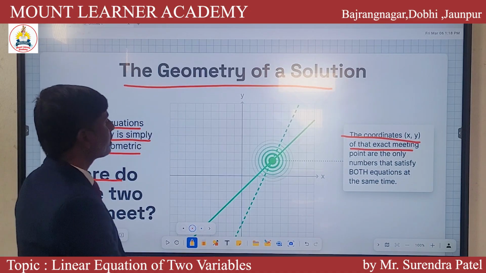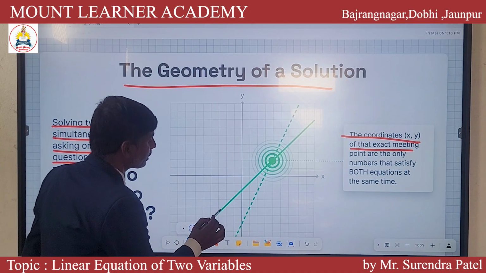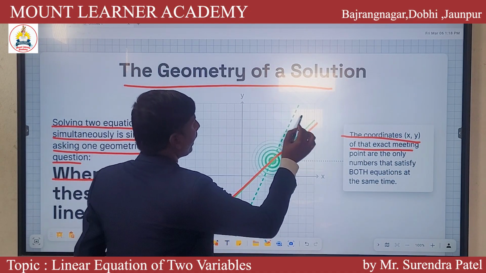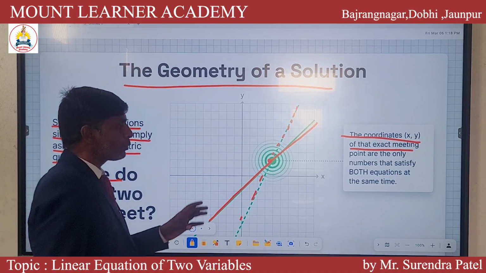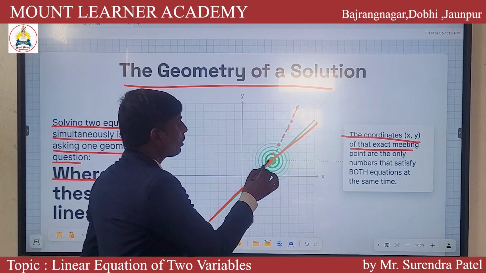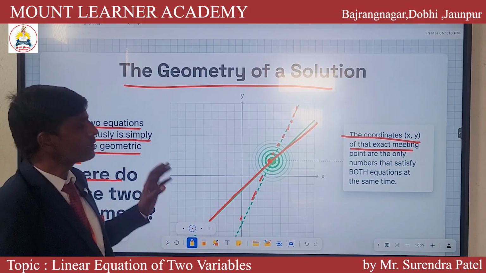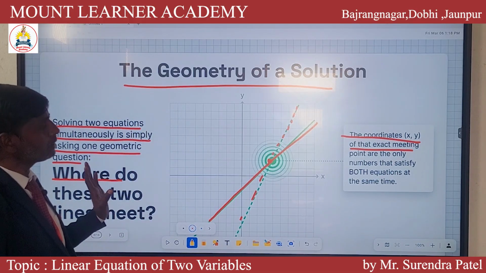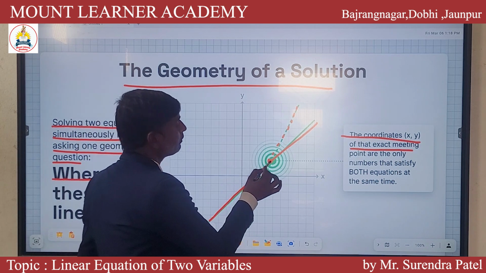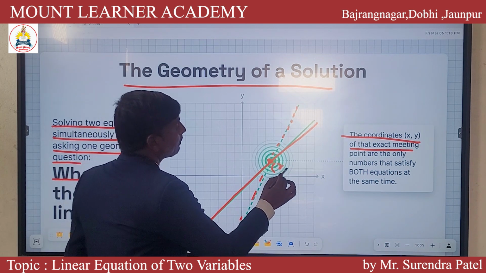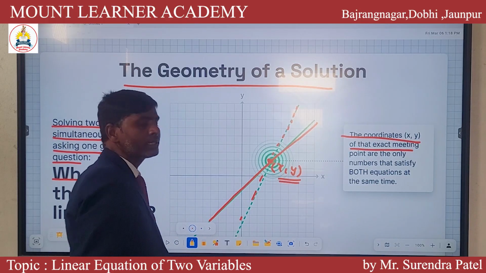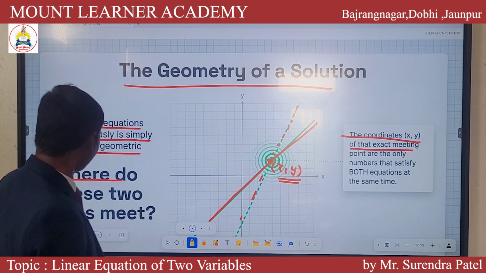Suppose this is the first line and this is the second line; the point where they intersect each other is called the solution of the given equations. That point x and y is the solution.